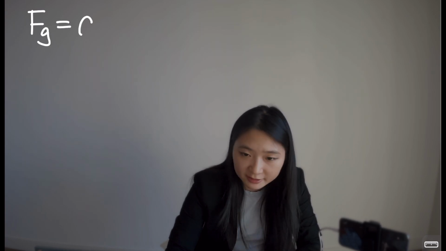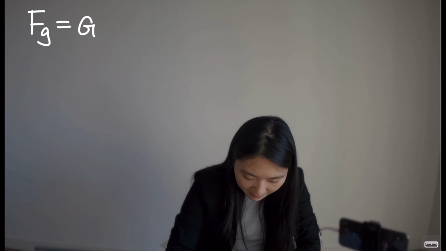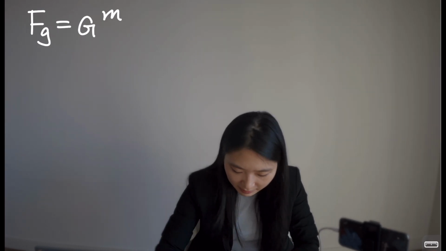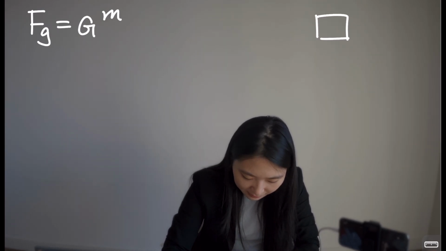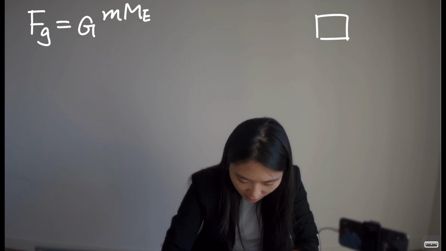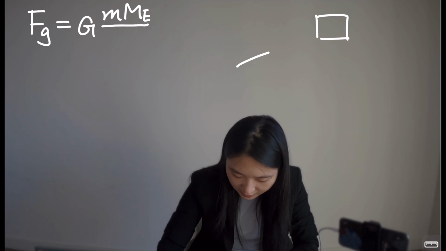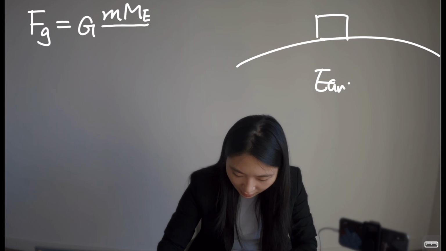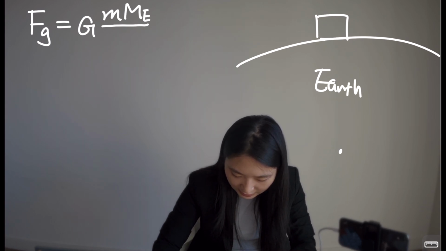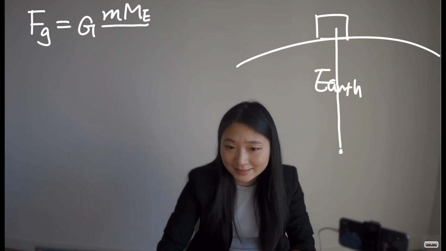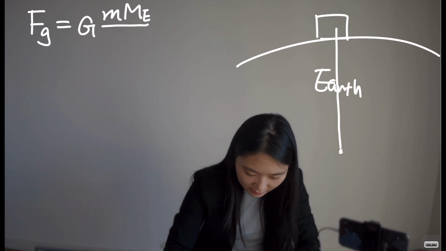We're going to use Newton's law of gravitation. According to Newton's law of gravitation, Fg is equal to the gravitational constant multiplied by the mass of this unknown object, multiplied by the mass of the Earth, assuming that this object is right at the surface of the Earth. Then the distance would be exactly the same as the radius of the Earth.